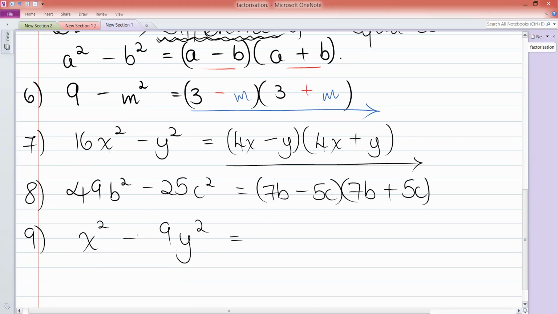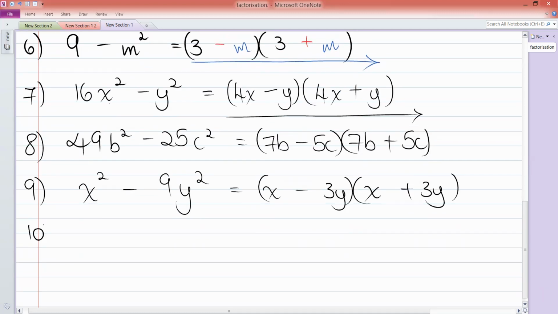If it looks like this, then you'd be able to factorize it. So let's go ahead and factorize this one. We know it's going to be x, and then the square root of 9 is 3y. Well done. So minus 3y, plus 3y. Well done. Awesome.